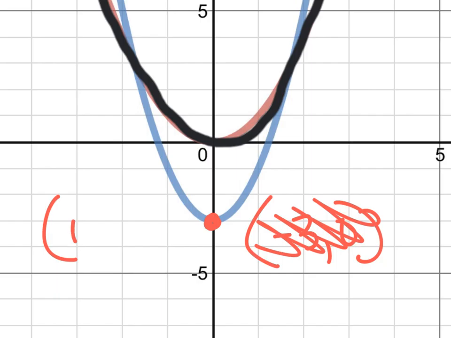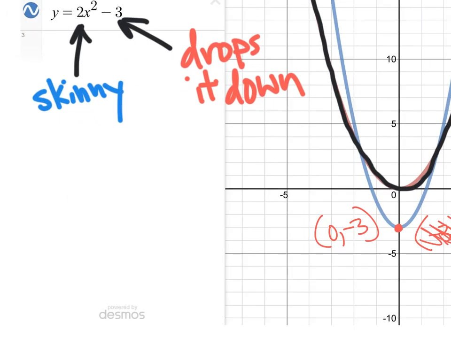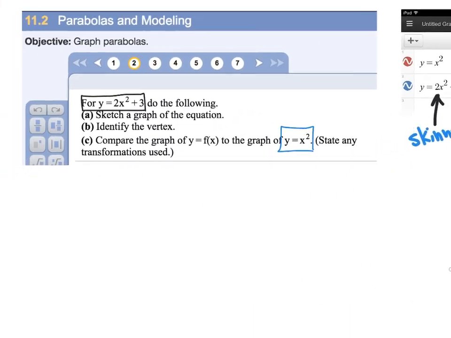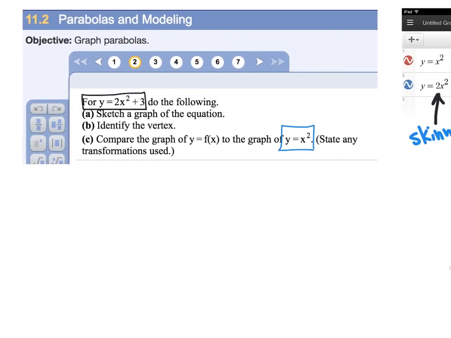The vertex is (0, negative 3), because it's at 0 on the x-axis, and then it goes down 3. So there is our vertex. We don't need to use that fancy formula, although it would work: x equals negative b over 2a. That would work, but we don't need it.